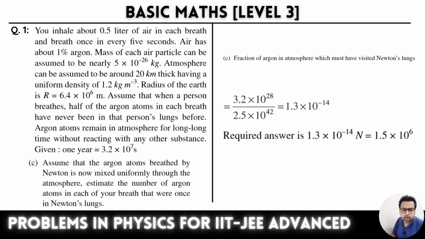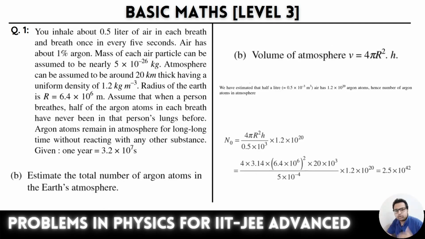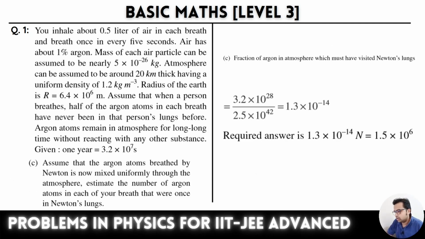If you are taking lots of time and doing lots of calculation, it means your approach is wrong, so you have to work on that. The previous question was also just 2 or 3 lines, and this is also just 2 or 3 lines. There are basic steps you have to follow to get to the answer. So I hope this is also clear.